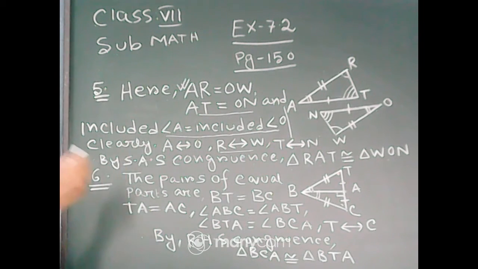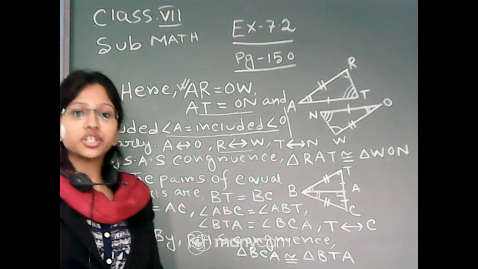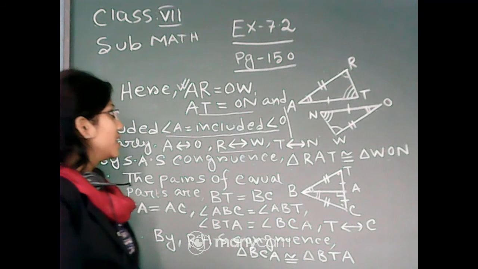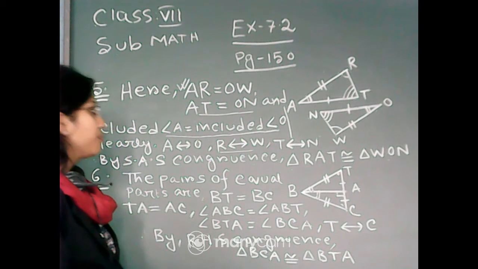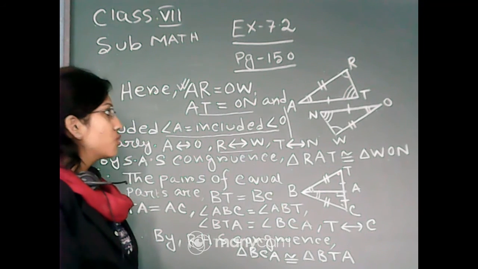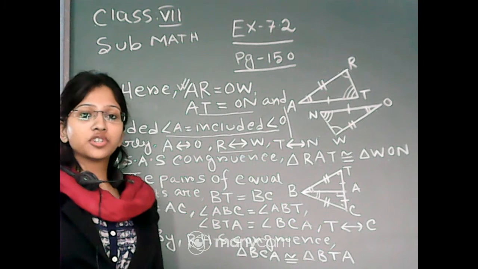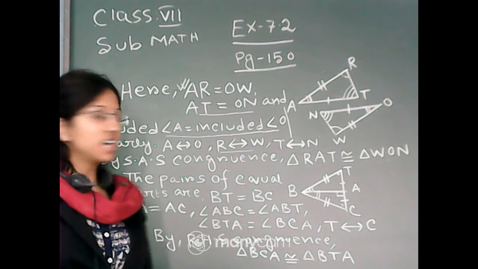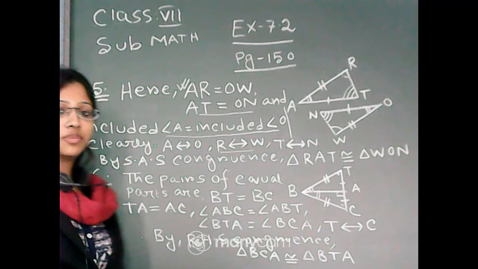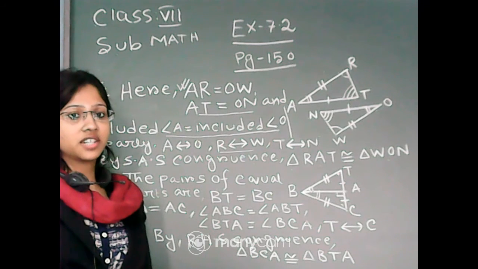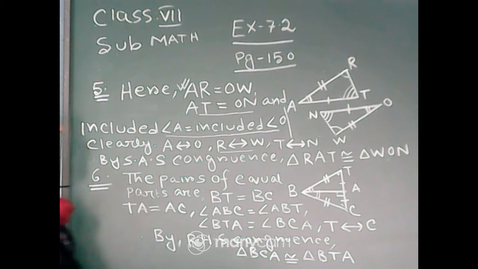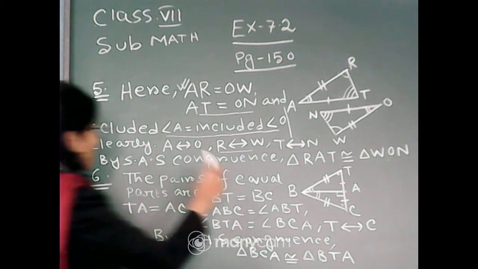And finally we see that two sides and the angle included between them of a triangle ART are equal to two corresponding sides and the angle included between them of another triangle. Then the triangles are congruent, and this is the side angle side congruence criterion.